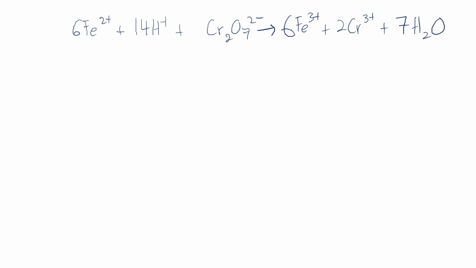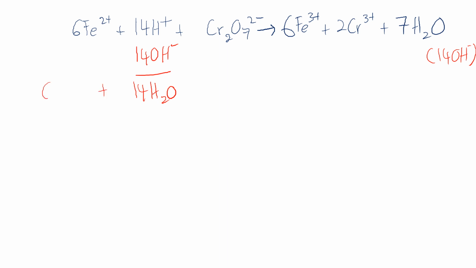As you can see, we have 14 H plus, so we add 14 OH minus, and on this side also we add 14 OH minus. 14 H plus and 14 OH minus become 14 H2O.